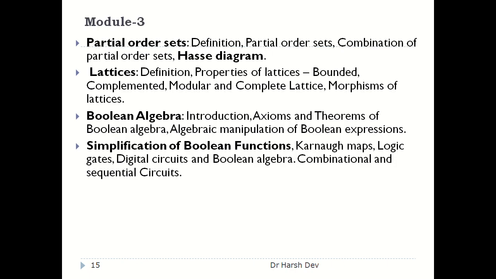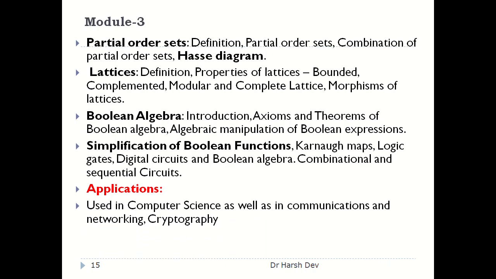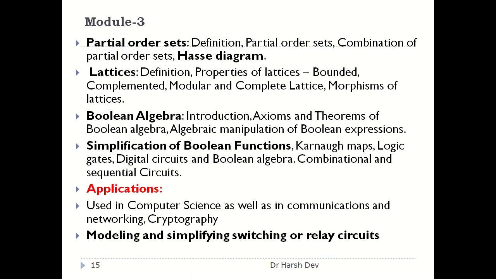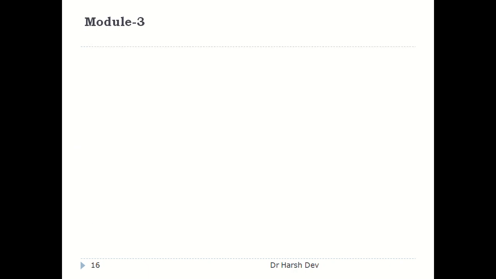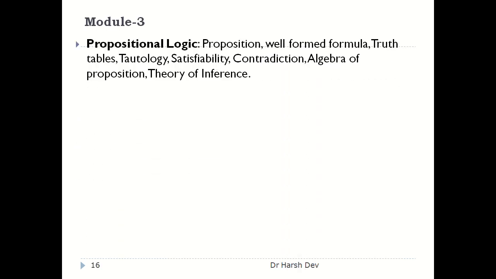And various types of digital circuits we will be studying. The applications are many, used in communication, networking, and cryptography as well, modeling and simplifying switching or relay circuits. So these are some applications, right?